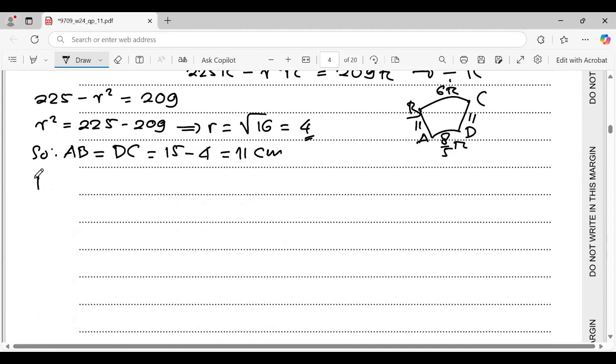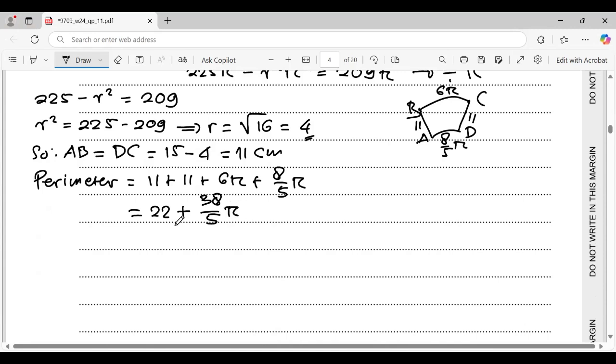The perimeter equals 11 plus 11 plus 6 pi plus 8/5 pi. That is 22 plus, 5 times 6 is 30, plus 8, 38/5 pi. So this is the perimeter in terms of pi.